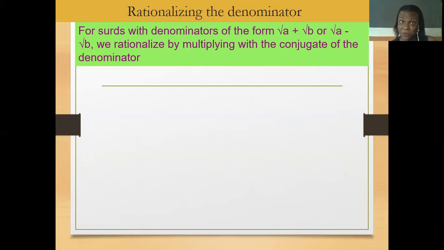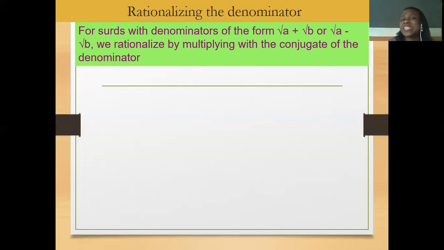Now you see the difference between the last one and this one. In that other one, we just have one number underneath the square root sign as the denominator, and we just pick that same thing and use it to rationalize. But now we are faced with expressions that have surds in the form root a plus root b, or root a minus root b, and so on. How do we now rationalize these expressions?